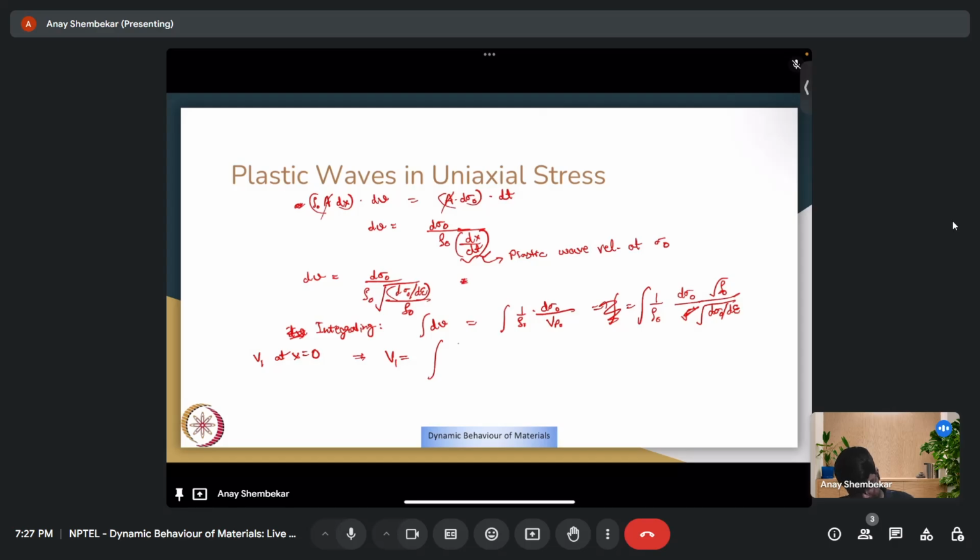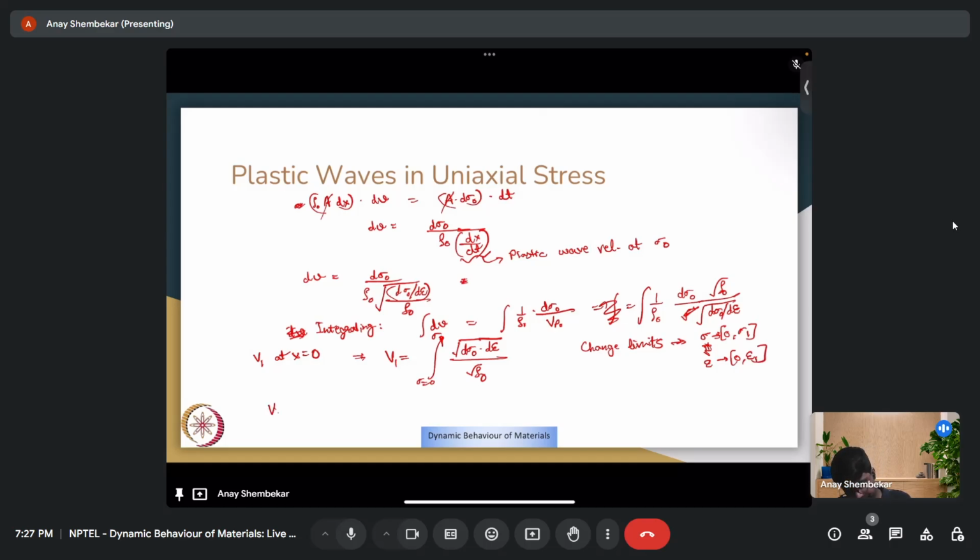So you get the square root of d sigma naught by d epsilon, by root of rho naught. If we change limits, initially our limits are sigma going from 0 to sigma 1, the maximum stress. Sigma going from 0 to sigma 1 is the same as the strain epsilon going from 0 to the maximum strain epsilon 1.